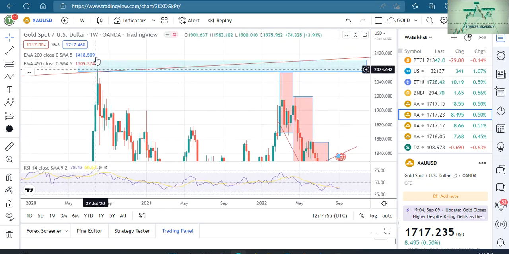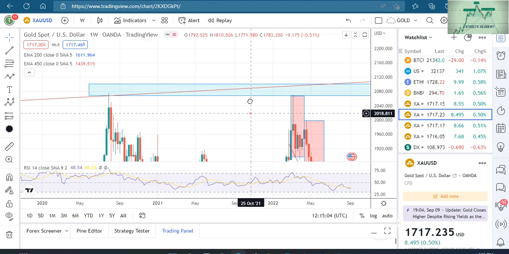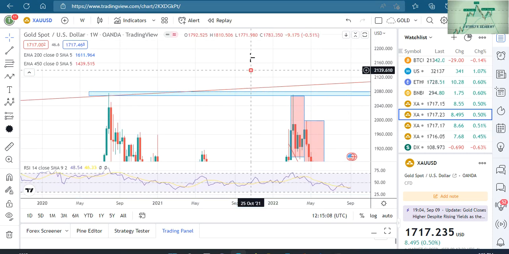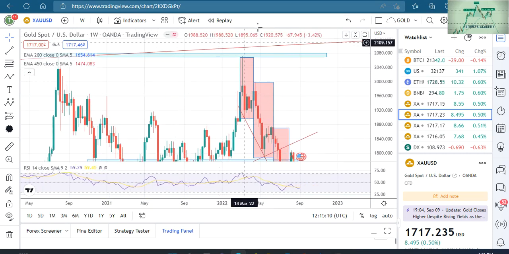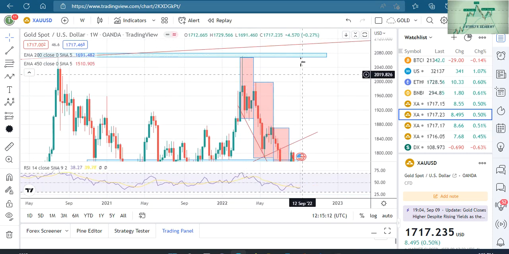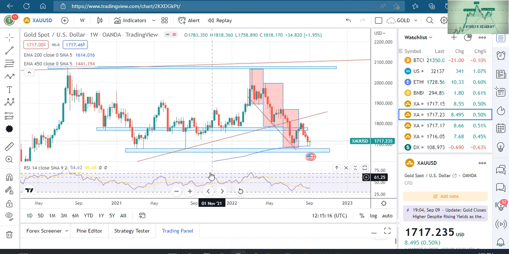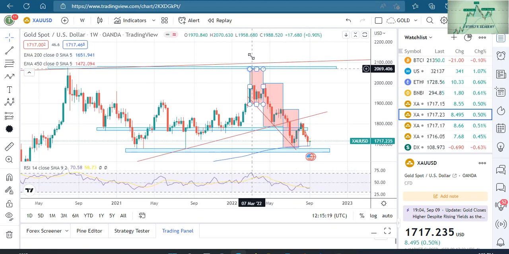That is, it came to test the previous price area. You can see around 2070. So that's the reason why we have this line here. With this, gold tested this price area this year.